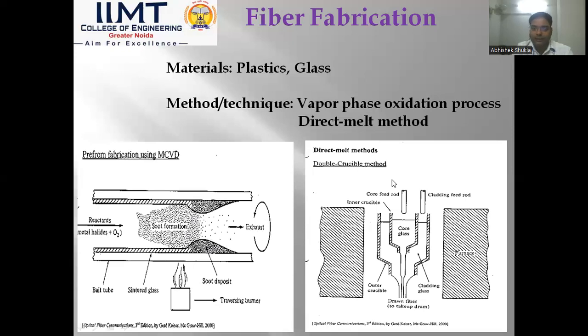In the direct melt method, the glass core is in molten form, and at the bottom we can draw pipes or fibers according to our need. So basically, different fabrication companies are adopting these two techniques.